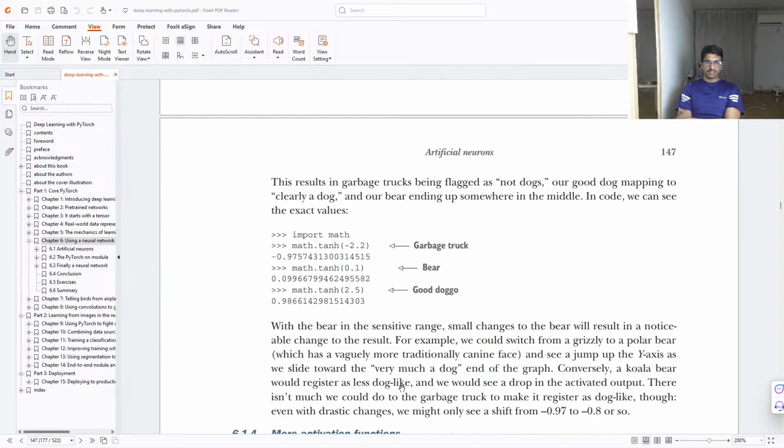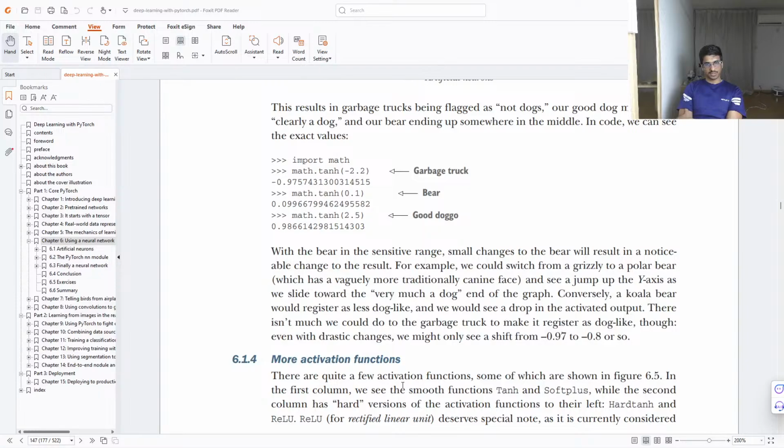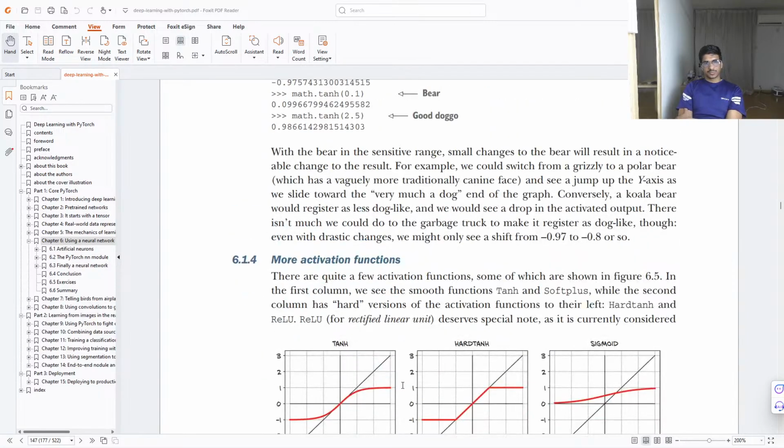This results in the garbage truck being flagged as not dog, our good dog mapping to clearly a dog, and our beer ending up somewhere in the middle. In code, we can see the exact values. With the bear in the sensitive range, small changes to the bear will result in a noticeable change to the result. For example, we could switch from a grizzly to a polar bear, which has a vaguely more traditionally canine face, and see a jump up the y-axis as we slide towards very much a dog in the graph.